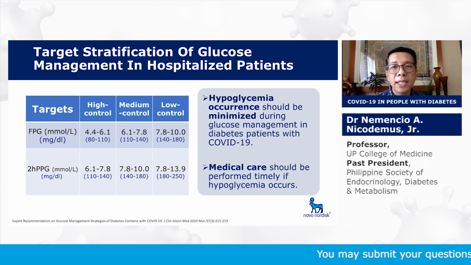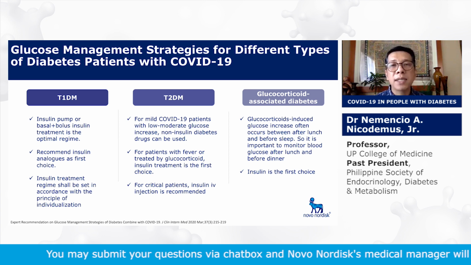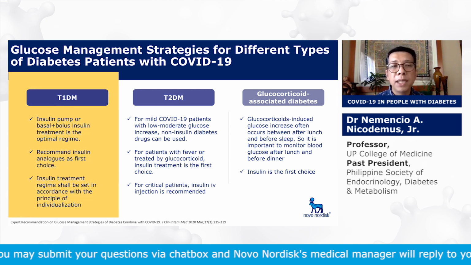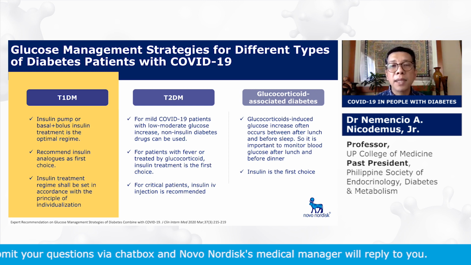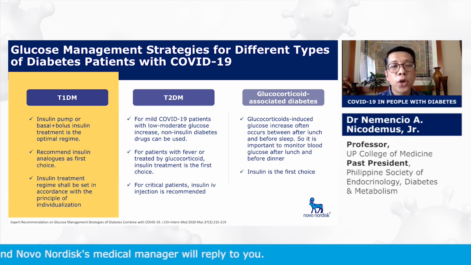In order to guide us on how to use insulin, being the most important medication for our patients with diabetes, we can see here in this slide that we can divide our patients into those with type 1 diabetes, wherein during the time that they have COVID-19, they may need to use insulin analogs as first choice of their insulin treatment, and that this should be based on their individualized insulin requirement and individualized glucose targets.